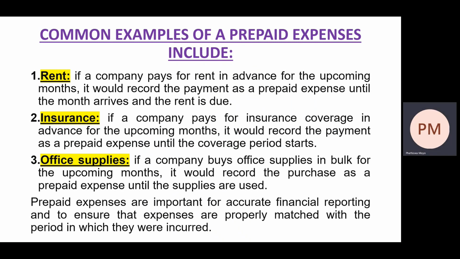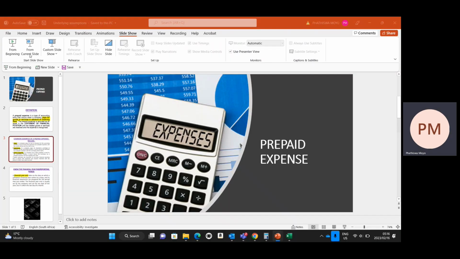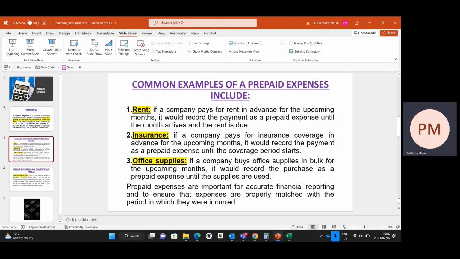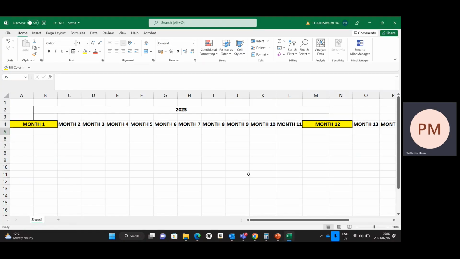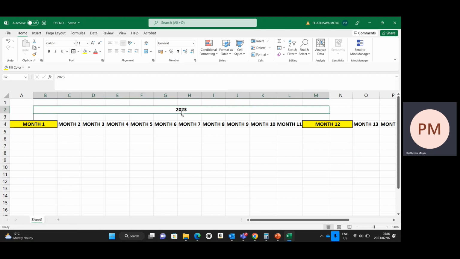What are the examples of prepaid expenses, guys? So it's rent. If a company pays for rent expense in advance, it's going to be a prepaid expense. I just prepared this, guys, for you to put this in context. You see, this is a number line. We're looking at 2023.